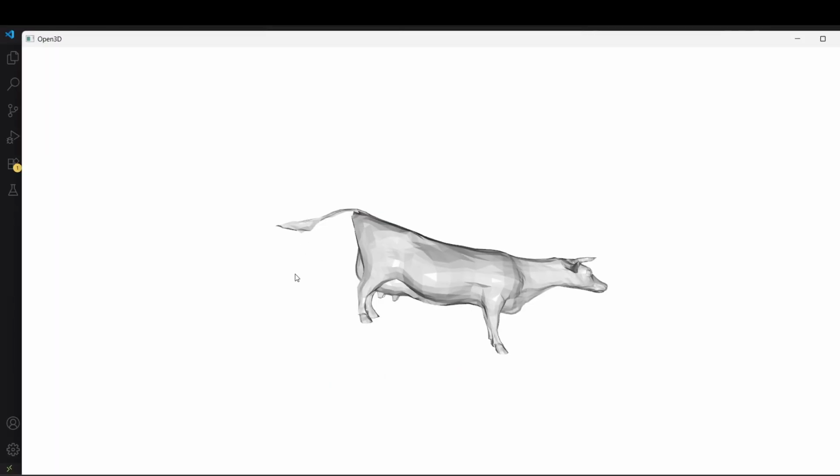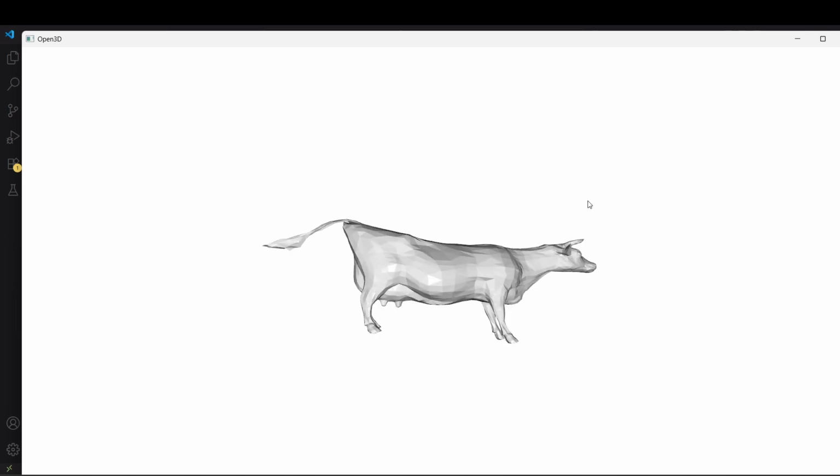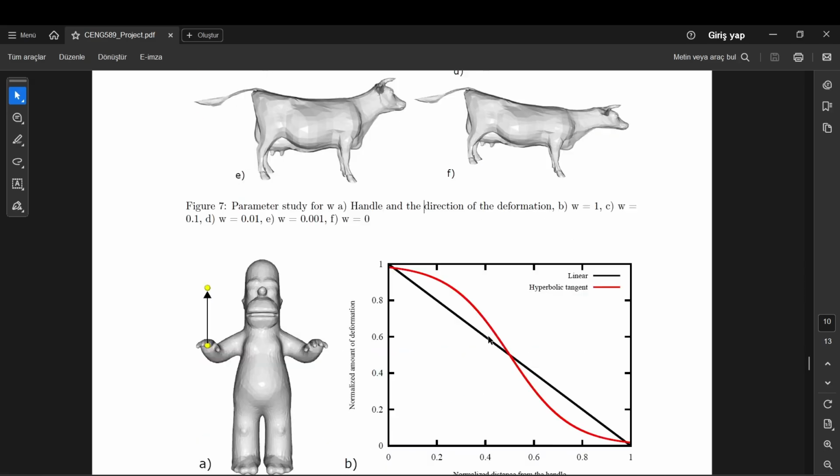As you see, when the weight is decreased, the other parts also move. So the body becomes less rigid. Here this part is pulled, and this part becomes curvy. So it is basically stretched. Yeah, so let's get the other results.